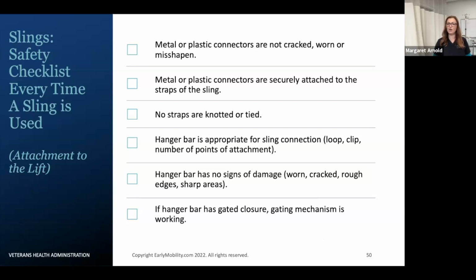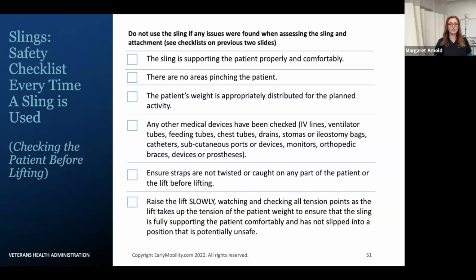Make sure again no straps are knotted or tied. Double check the hanger bar is appropriate. Make sure the hanger bar itself has no signs of wear, worn, cracked, rough edges, sharp areas. And if the hanger bar has a gated closure, make sure the gated mechanism is working. Do not use the sling if any issues were found in the prior two slide checklists.